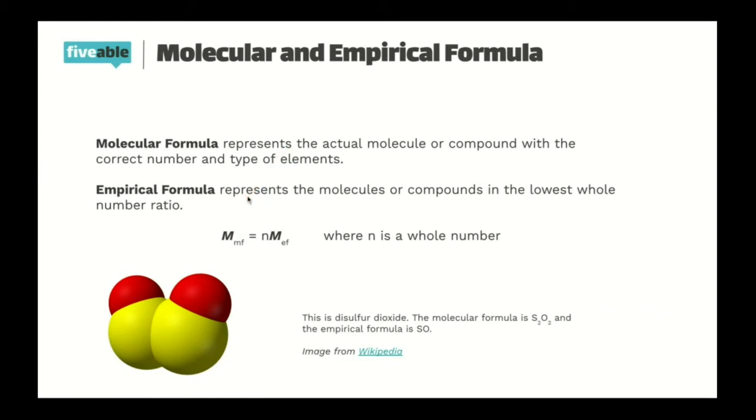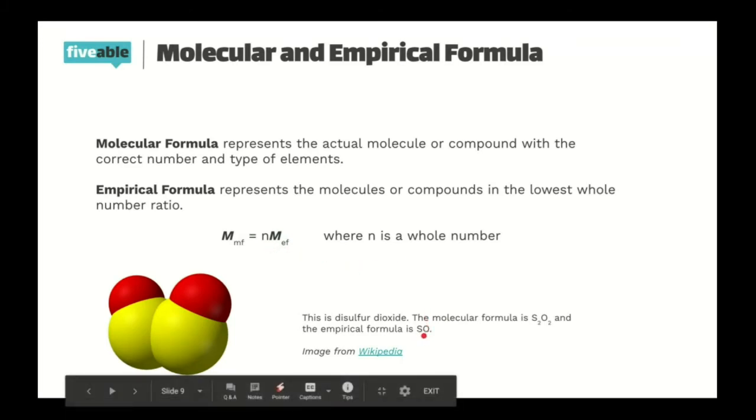Now, you probably are asking, and seriously, when you think about this in school, I always like to try to explain why to my students. Why are we interested in the molecular formula or the empirical formula? Specifically the empirical formula, because like I said earlier, this molecule SO probably doesn't exist.